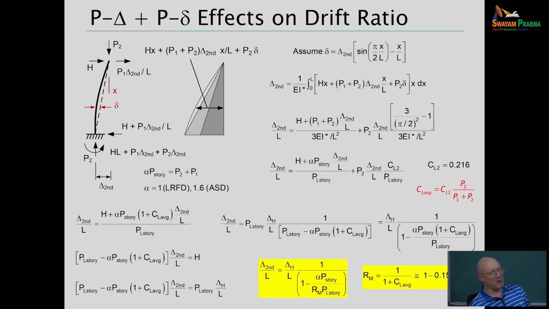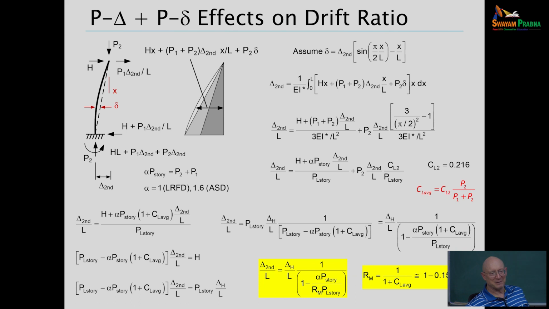Now, what are we doing with all that? So notice the CL term, the RM term, it's all dealing with P small delta effects, but it's a side sway problem. So RM, or previously Lemessurier's CL, is dealing with the influence of P small delta in my columns on the large delta. You say, oh, I'm solving a drift problem.